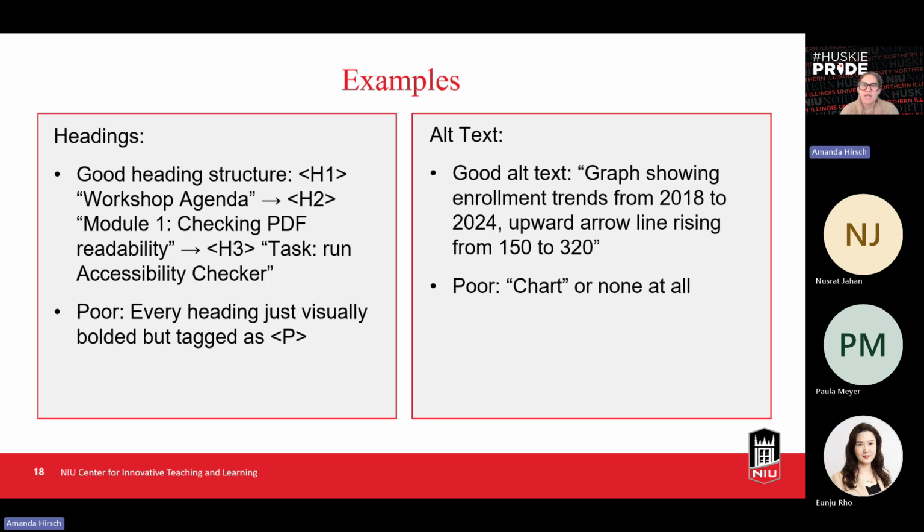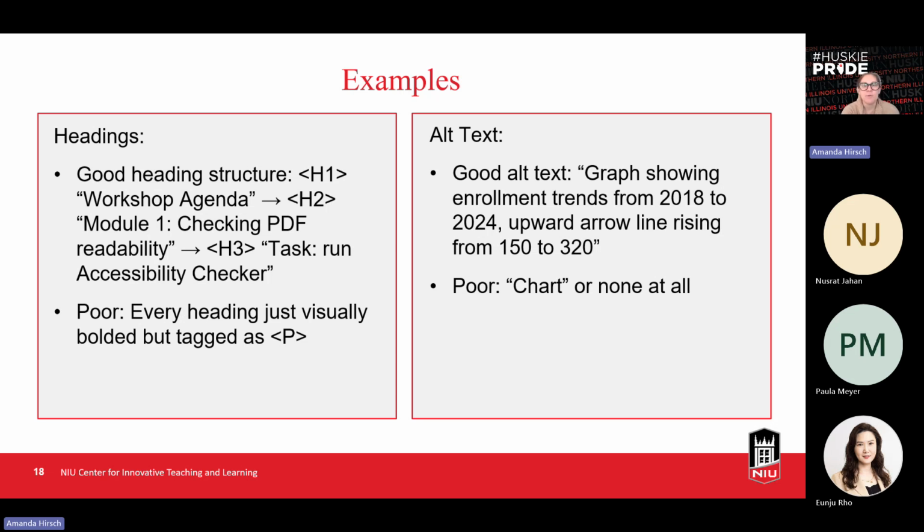You can look for headings visually in your documents and then confirm that the tags reflect those heading levels. So just because something is bold or looks like a heading doesn't mean it's going to read as a heading using assistive technology. So make sure that you're looking at, okay, this looks like a heading. Let's take a look at the tags and make sure that it's tagged as a heading so that it reads that way.